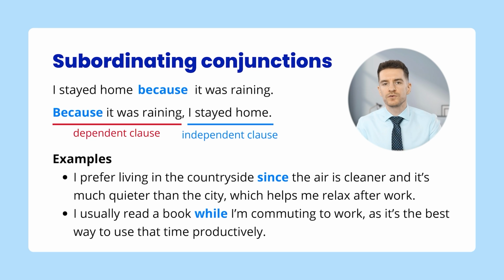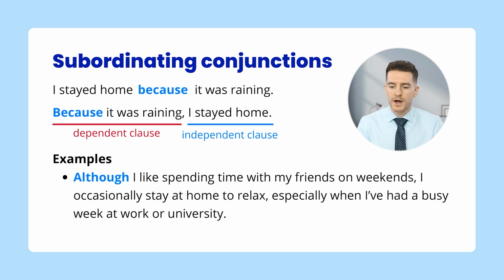While I'm commuting to work, that's also a dependent clause. Let's look at one more, and we'll put the conjunction at the start here. So although I like spending time with my friends on weekends, that's the dependent clause. I occasionally stay at home to relax, especially when I've had a busy week at work or university. All right, so that was method 1.